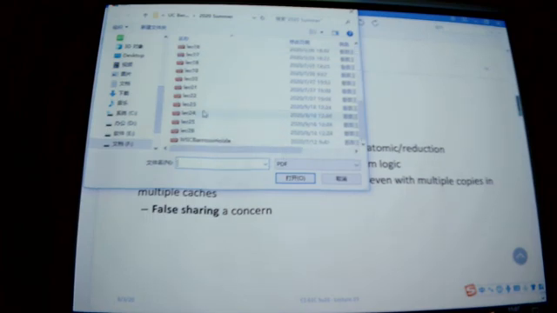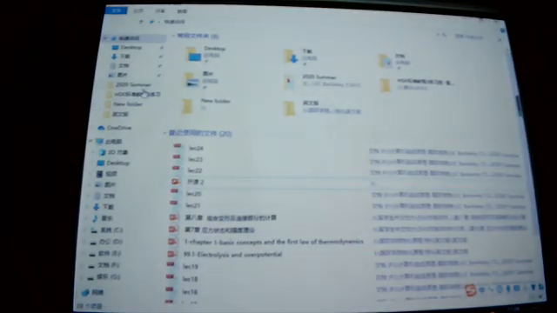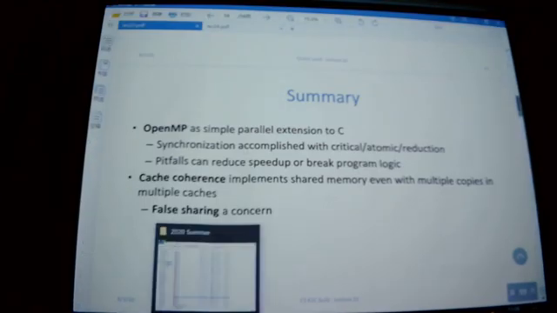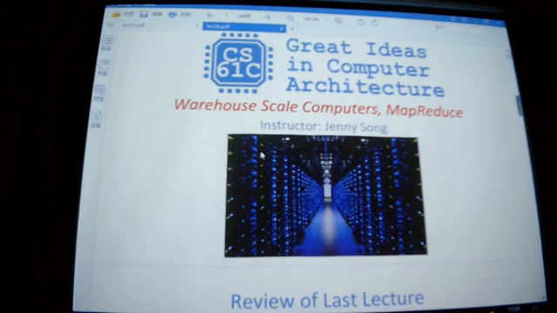Okay, we can see lecture 24. The topic of lecture 24 is warehouse scale computers and MapReduce. MapReduce is for big data.